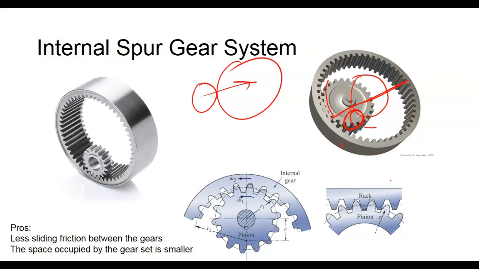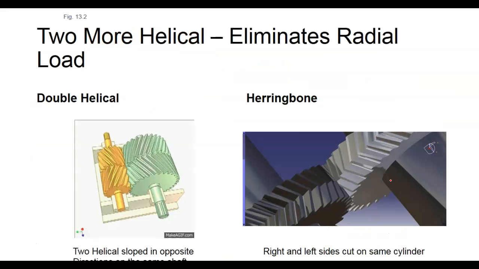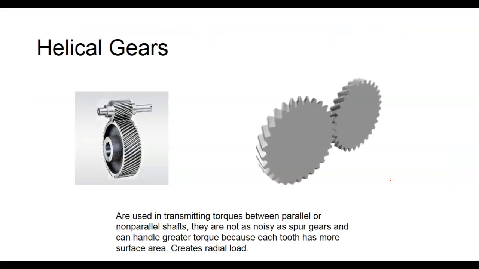So we know if we mesh two gears together, the driven would always be in the opposite direction of the driver. So if your driver was running clockwise, then your driven would be working counterclockwise. If we put an idler wheel in there, then your driven and your driver would go in the same direction.